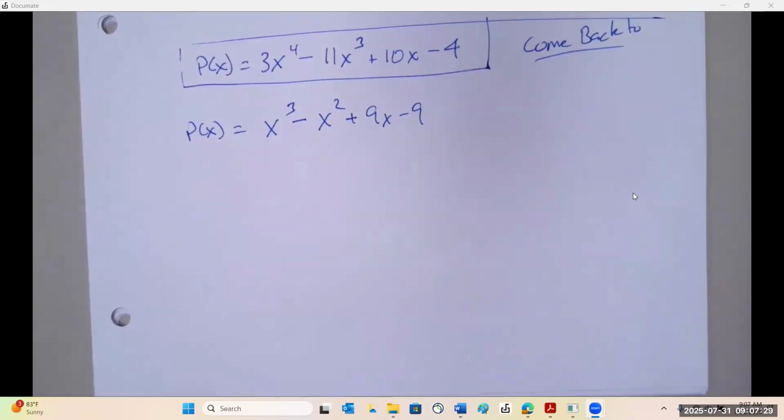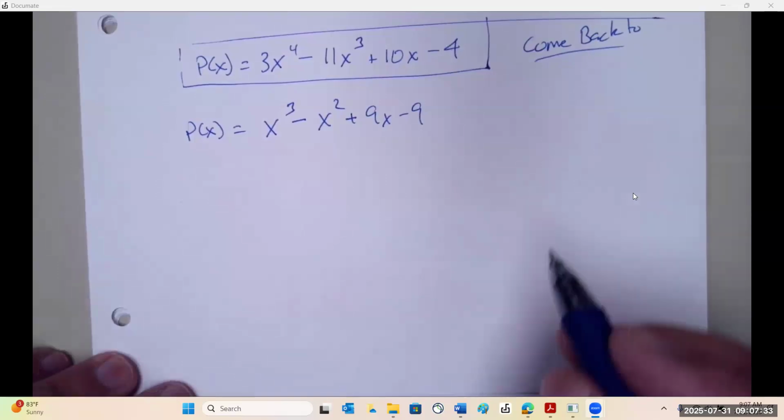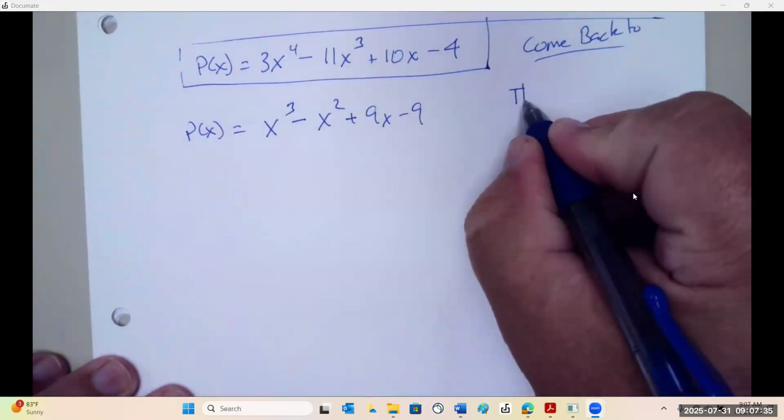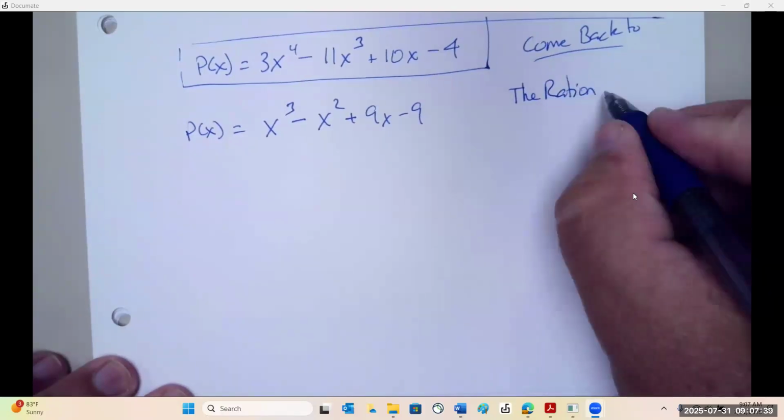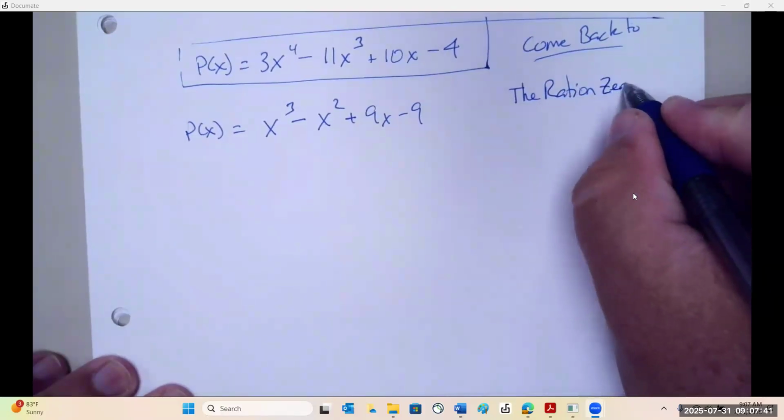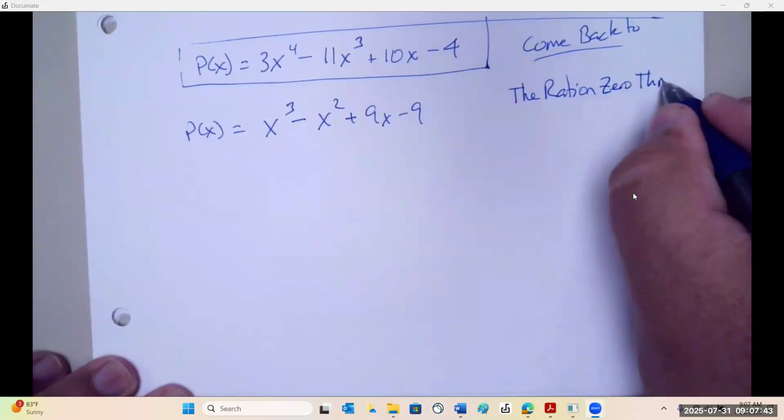We're going to use something called the rational zero theorem.